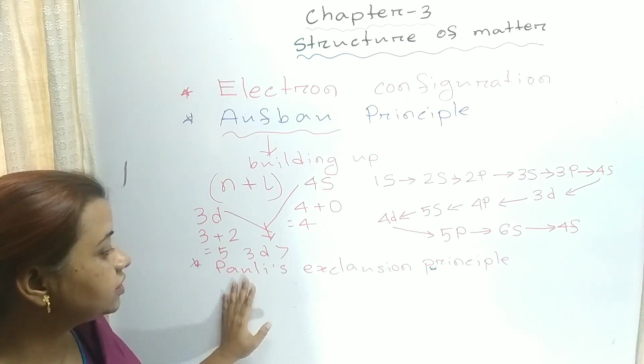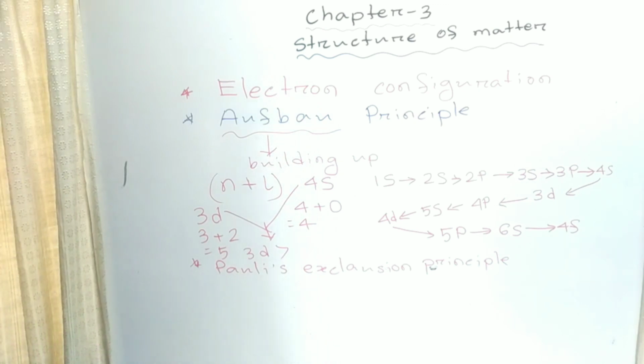It is Pauli's exclusion principle. So let me show how to do the electron configuration.